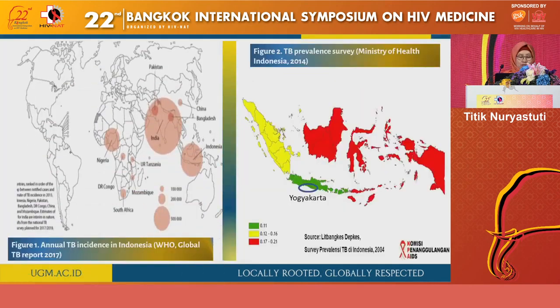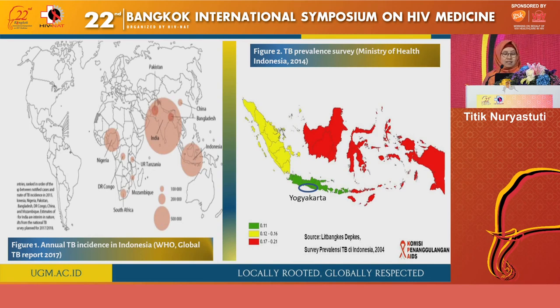As everybody knows, Mycobacterium tuberculosis is a leading health problem worldwide, with about one third of the world population infected by tuberculosis. In Indonesia, TB cases are alarming, especially in our remote places. As we already know from WHO data, Indonesia is ranked second in burden of TB disease.